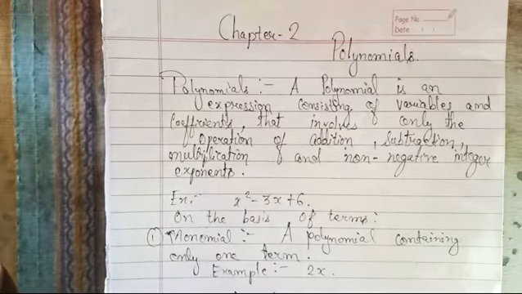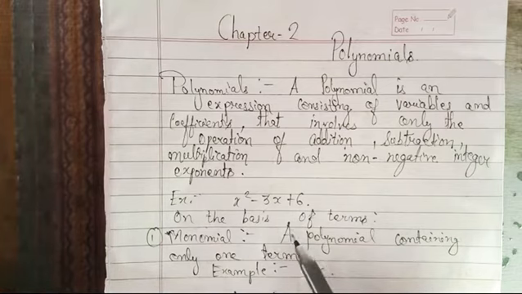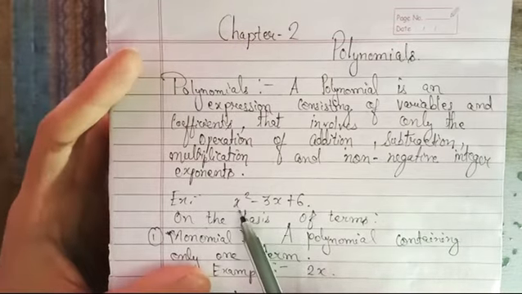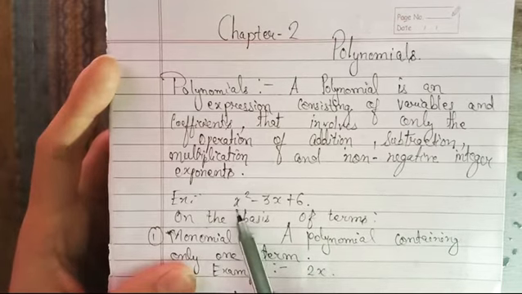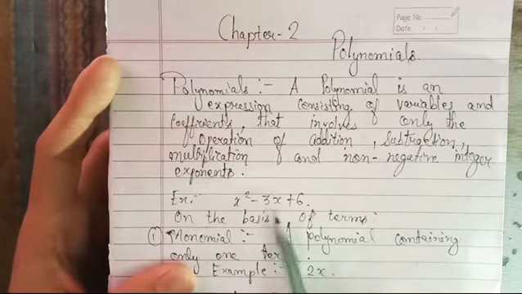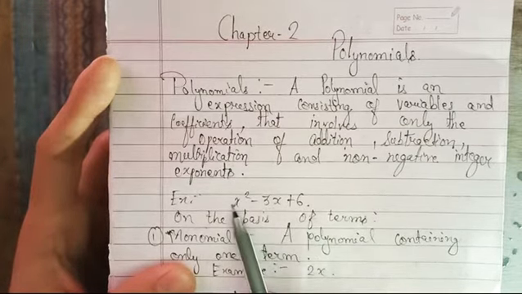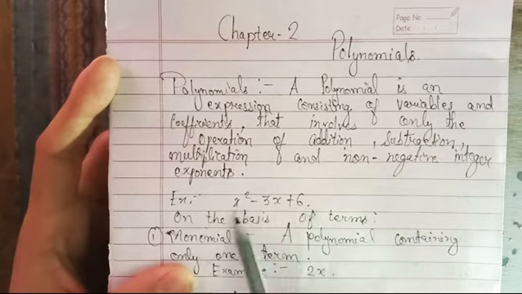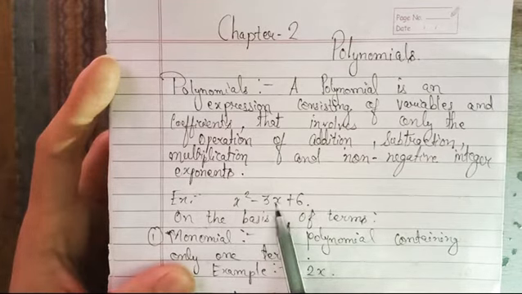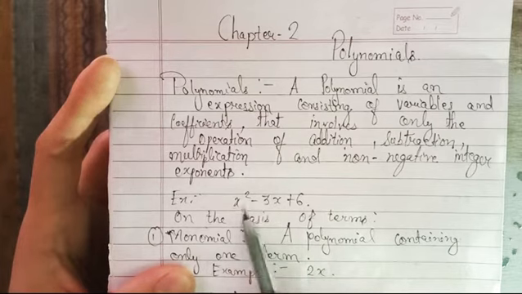Basically, what does it mean? That I am going to explain through this example. Suppose x square minus 3x plus 6 is given to us. So x is a variable, and minus 3, 6 and this coefficient 1, the coefficient of x square, are all constants, and these are called coefficients. The coefficient of x is minus 3, the coefficient of x square is 1.